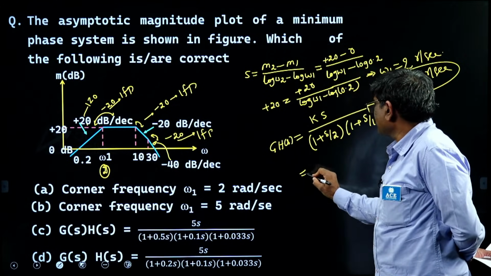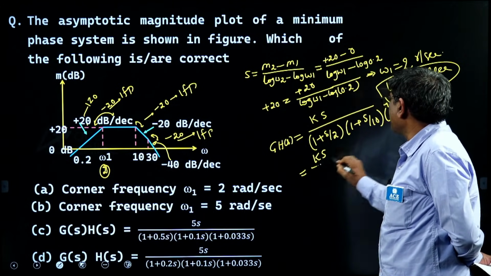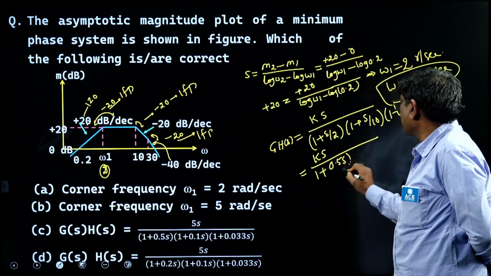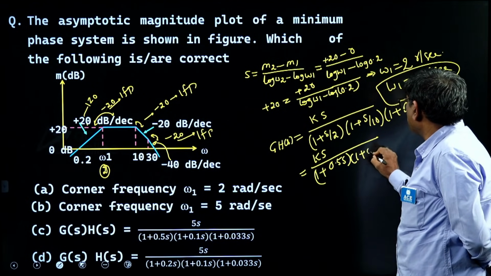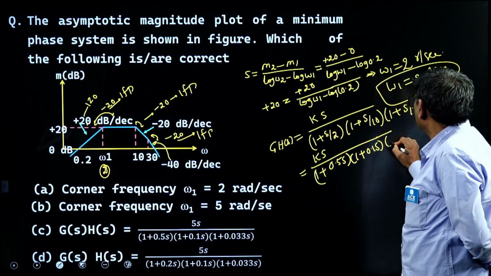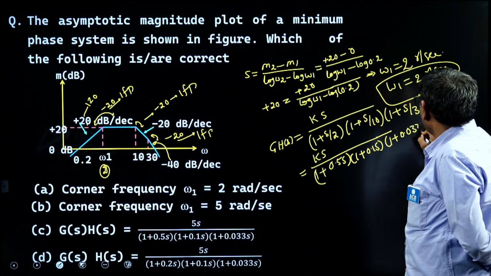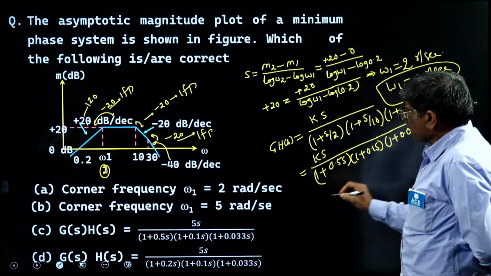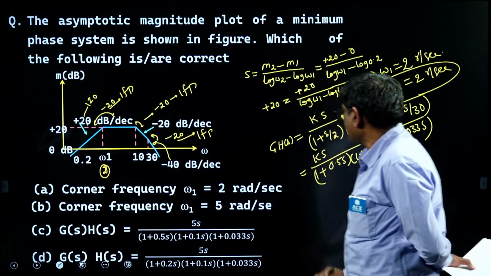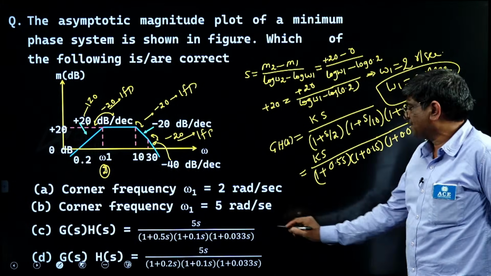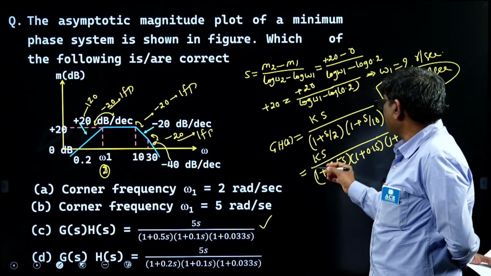Then get the answer: K s divided by (1 plus 0.5 s) into (1 plus 0.1 s) into (1 plus 0.033 s). By looking itself, we can say C is correct. K in both the places is given as 5, so C is correct.